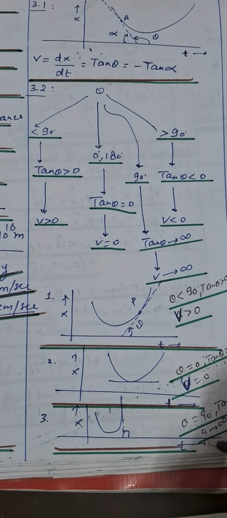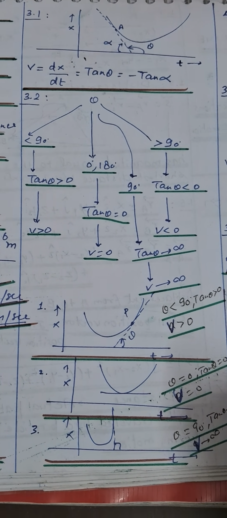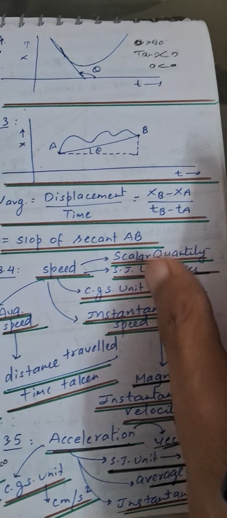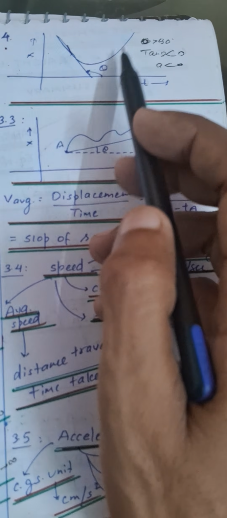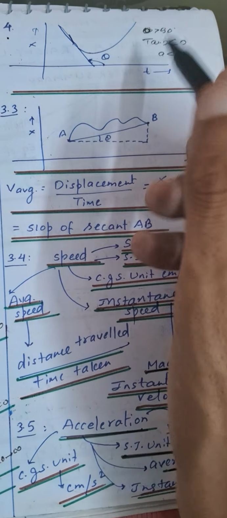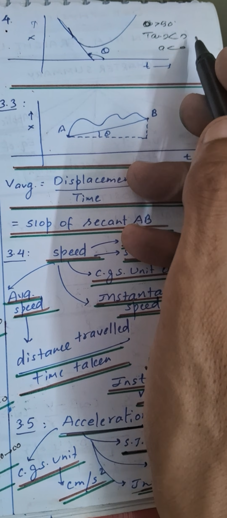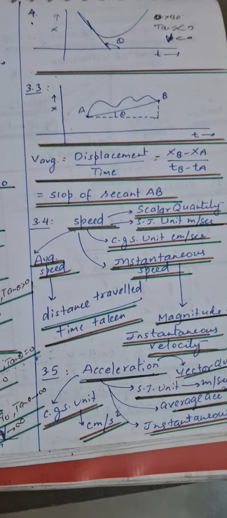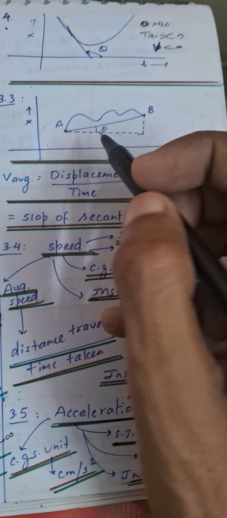And if theta is 90, then tan theta will tend to infinity, so velocity will tend to infinity. Then we have this graph, where theta is greater than 90, so tan theta will be negative, so here velocity will be negative. So these are the graphical analysis.